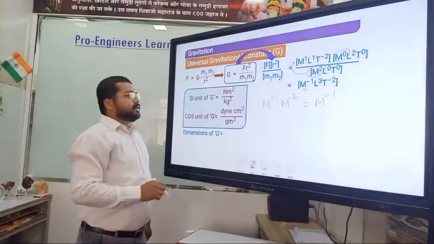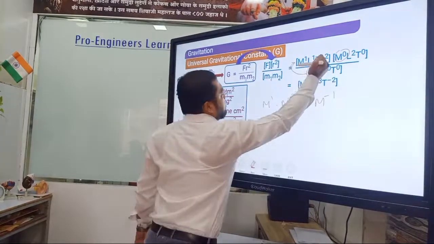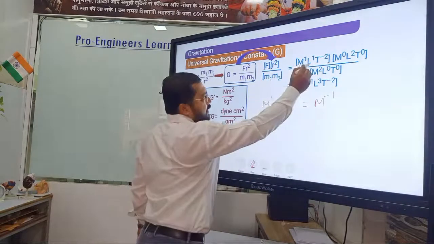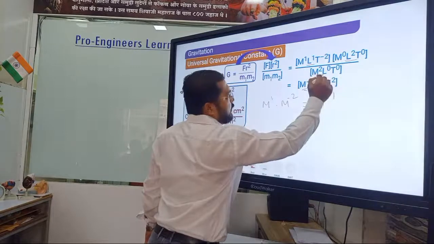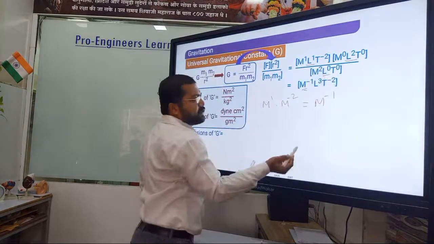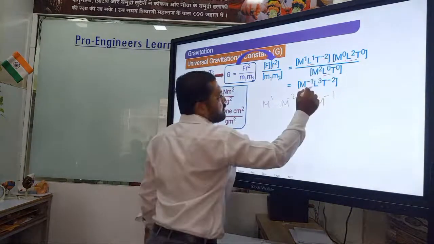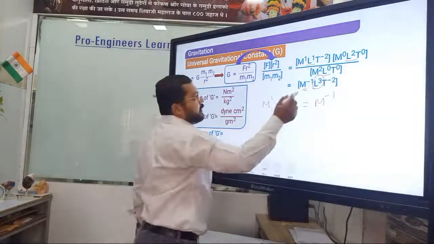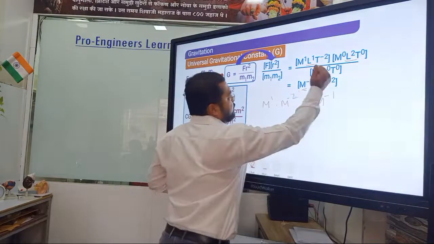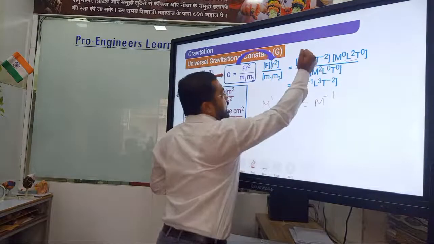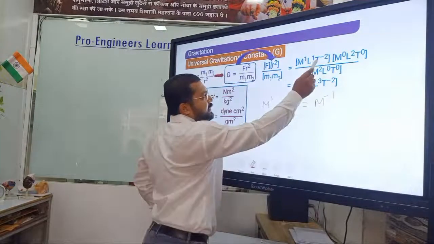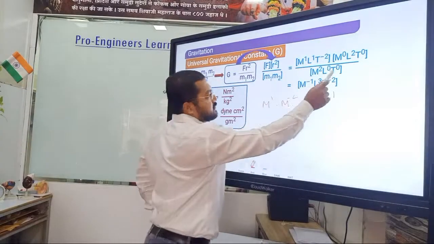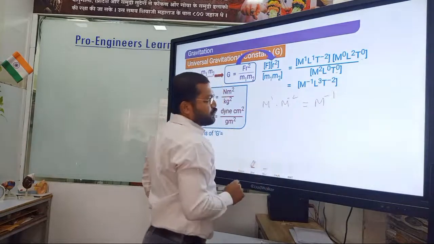Then considering L, L1, L2, L0, so neglect this L0. 1 plus 2 is 3, so that is L3. Clear? Now looking at time, we have only T raised to minus 2. Rest every T is 0. So we consider T raised to minus 2.